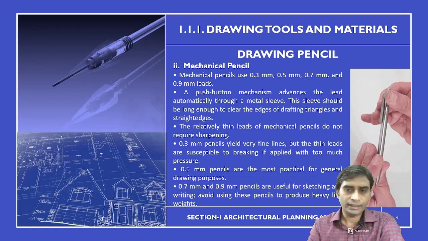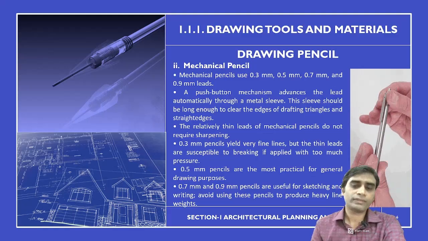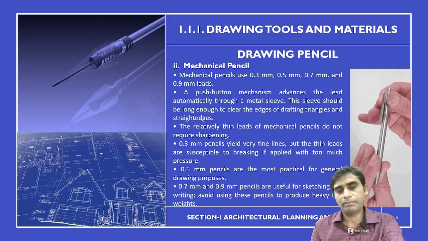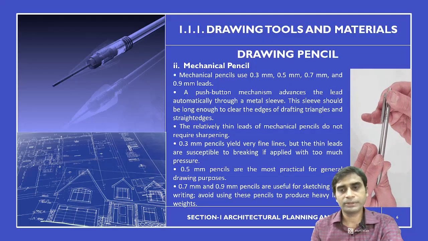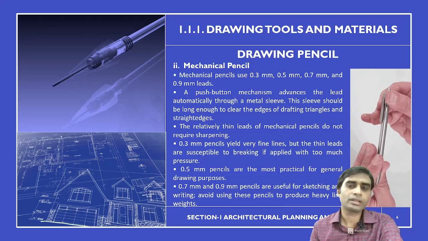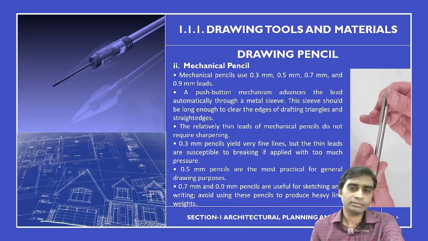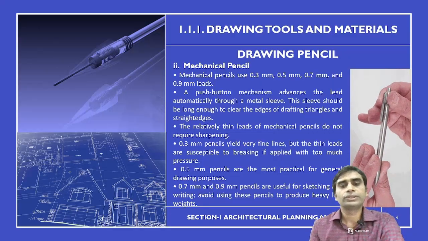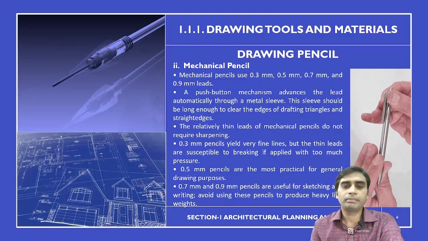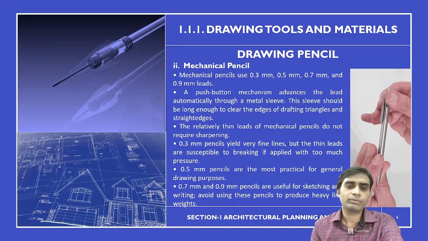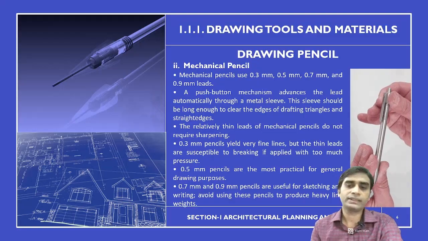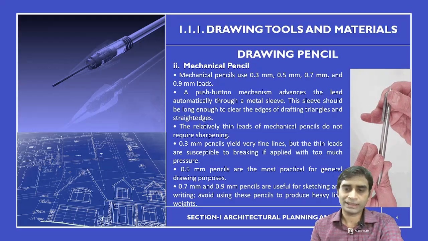The relatively thin lead of mechanical pencils does not require sharpening. Many of you have used, and many must be using now also, for rough sketches and some corrections in the drawing. The 0.3 pencils give very fine lines, the 0.5 pencils are the most practical for general drawing purposes, and the 0.7 and 0.9 pencils are useful for sketching and writing.